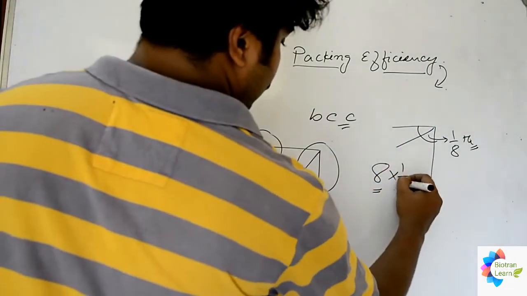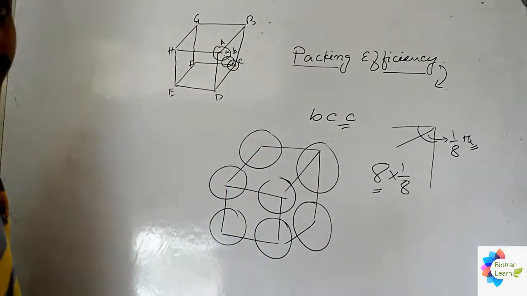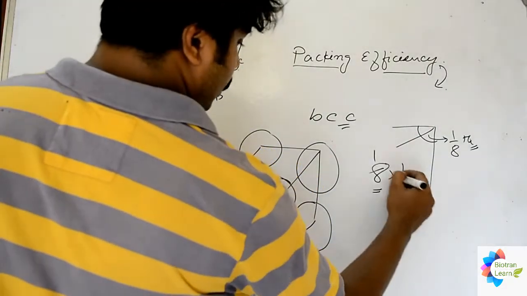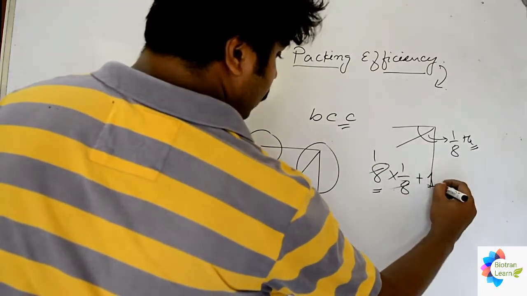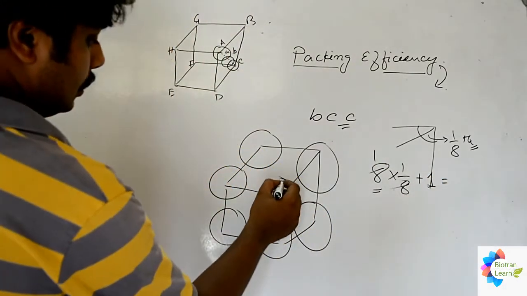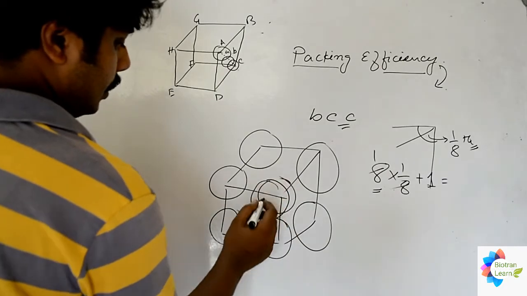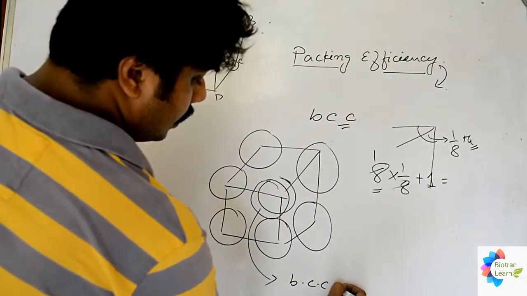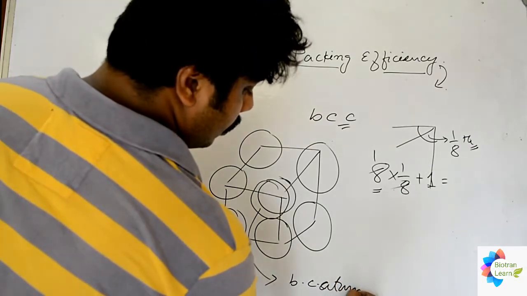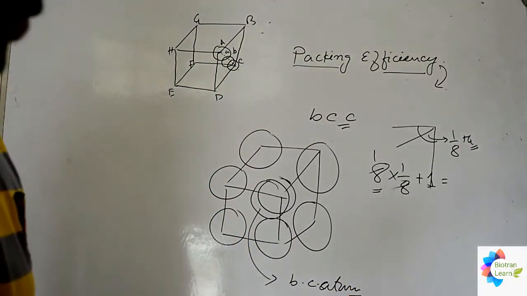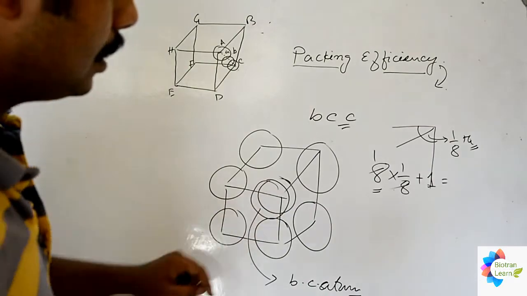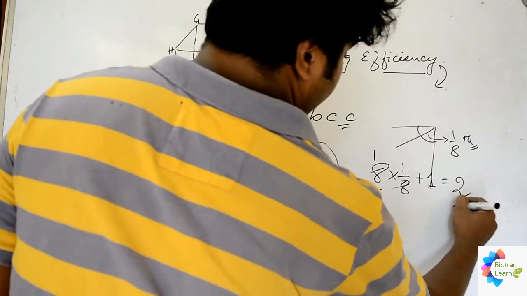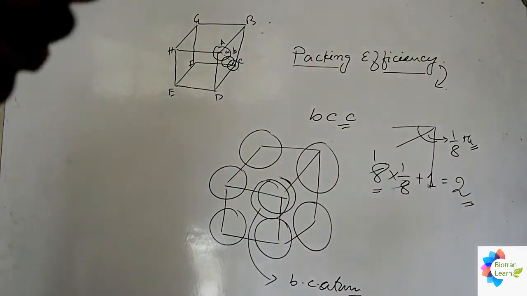Hence we know that 8 into 1 by 8, and one single body centered atom is there, right? Here we can see a single body centered atom, then 1 plus 1 that will be equal to 2. ये हम लोगों ने पिछले क्लास में भी किया था.